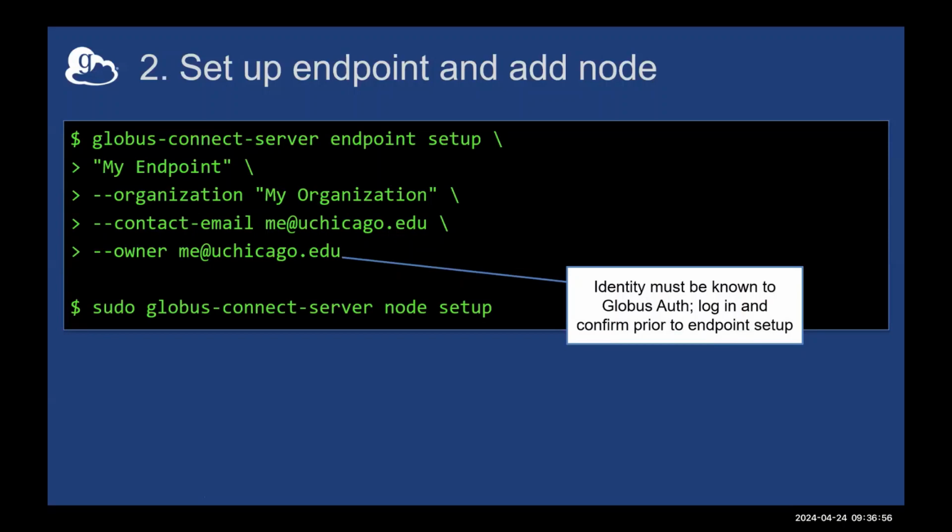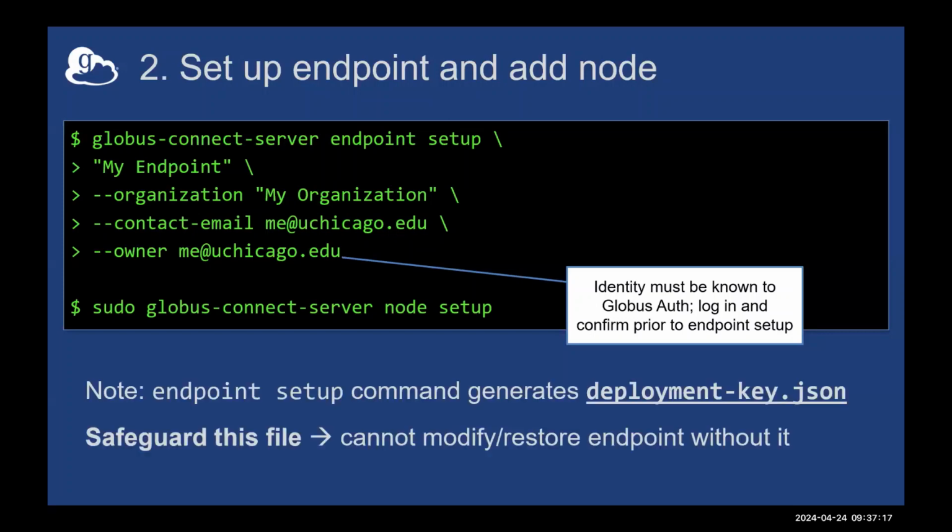This is where you put in your identity. The identity needs to be known to Globus. So if you haven't logged in before, you need to log into Globus first so Globus Auth knows you. But other than that, everything should be pretty straightforward.